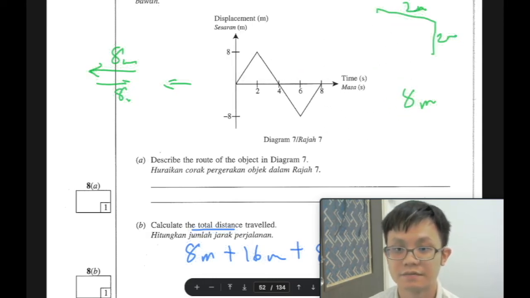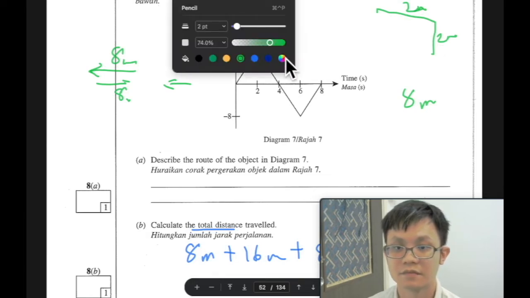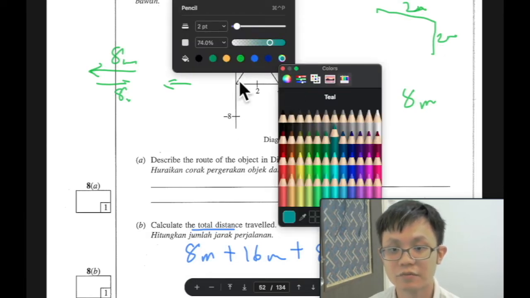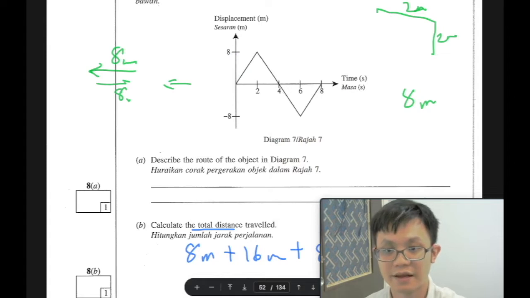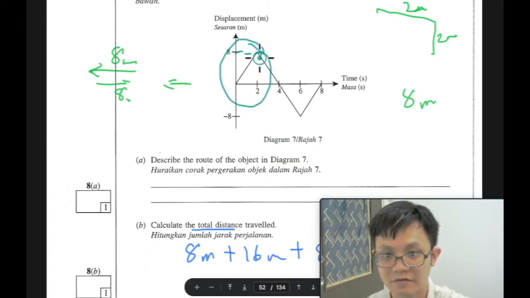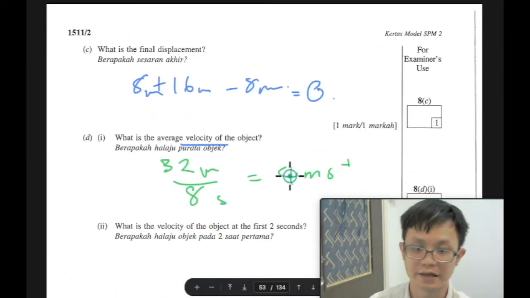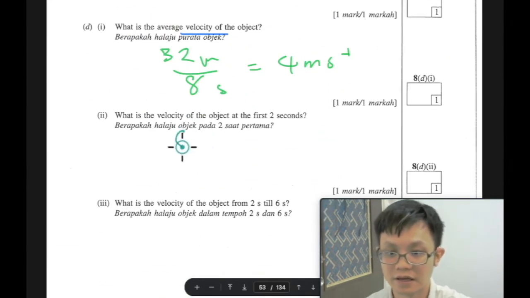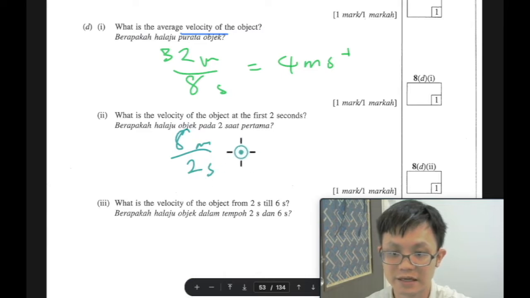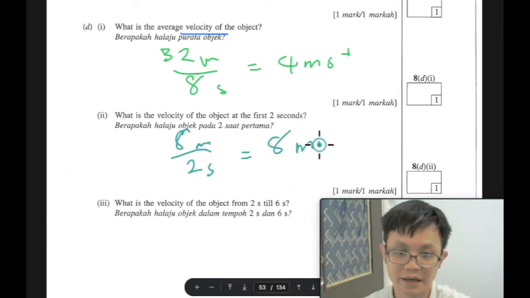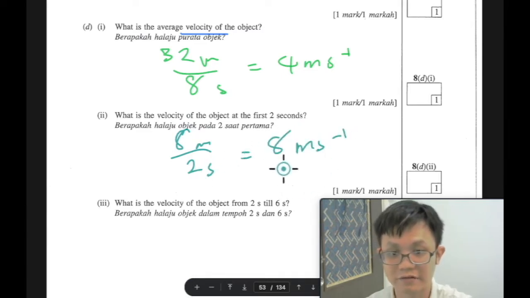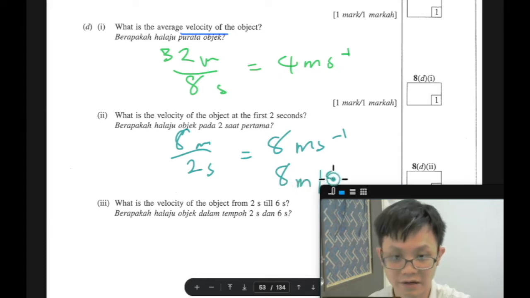What's the answer? 4 meter per second. Very good. 8 divided by 2 because we are just looking at this part. 8 meter divided by 2 seconds, you get 4 m s negative 1, or you can write m over s.